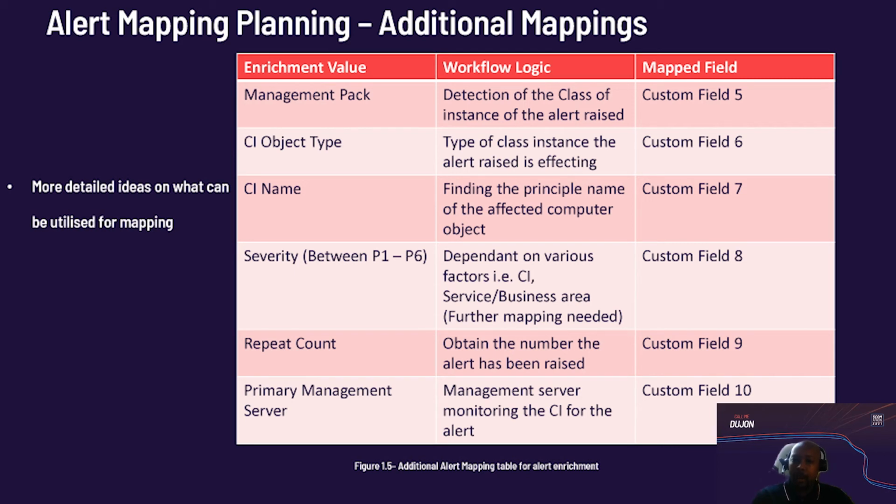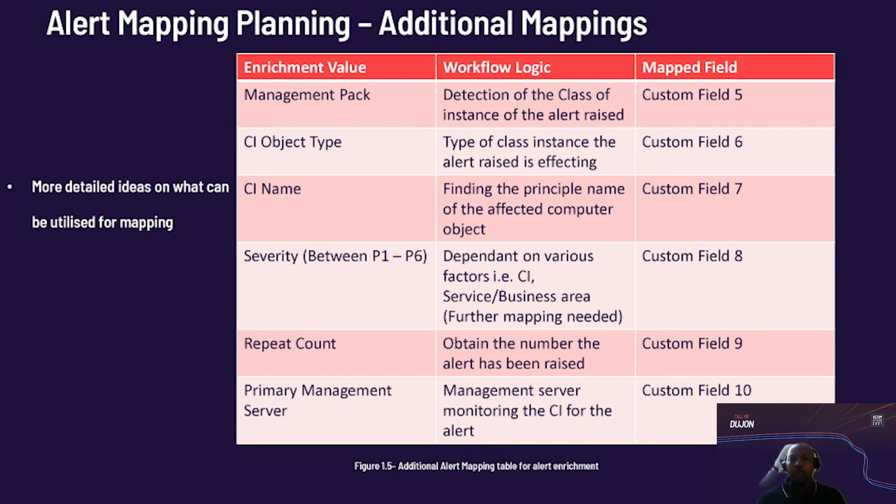They may be spread out, maybe in different resource pools. They may also be set up to have a failover between a primary and a secondary. But overall, if there are any issues with that managed SCOM agent, we want to be able to identify which management server is its parent. And that is defined in custom field 10 for its mapping.